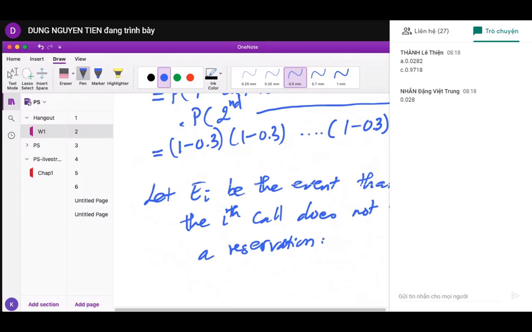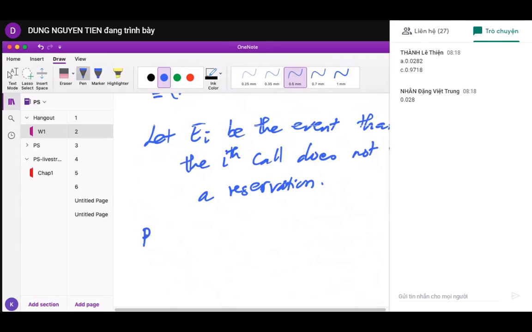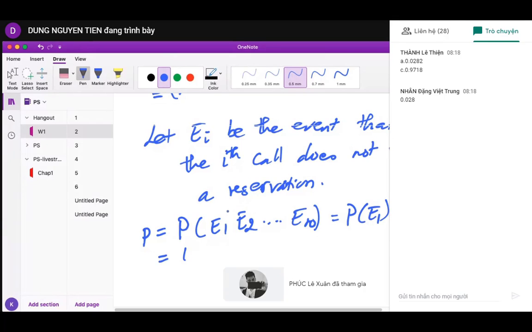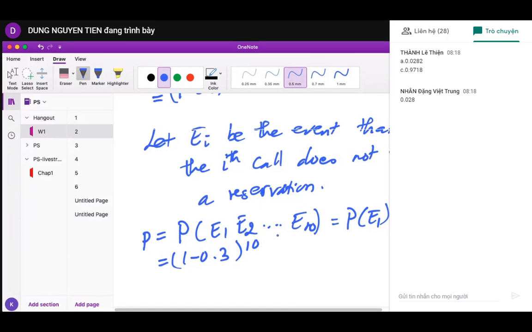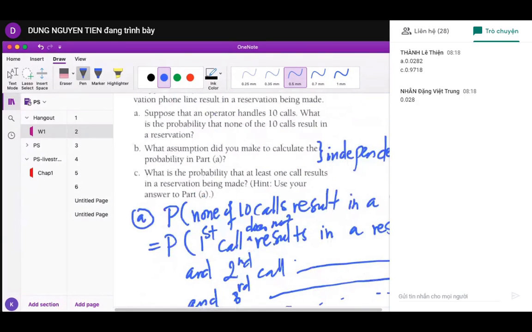Then the probability that you need to compute is the probability of E1 and E2 and so on up to En, and you get the probability of E1 times the probability of E2 times the probability of En. In this case, you have 10, so you have E10. And after all, you get 1 minus 0.3 times 0.3 and so on. So you get 1 minus 0.3 to the 10. Understand? All right. Any question? That is question A.